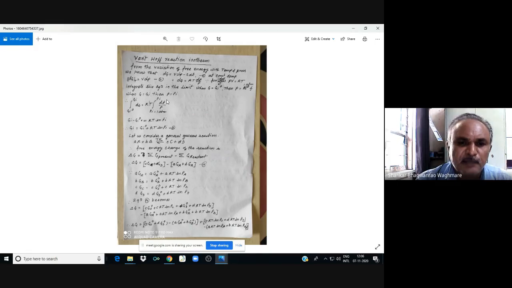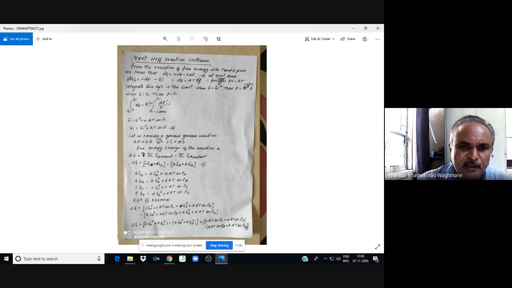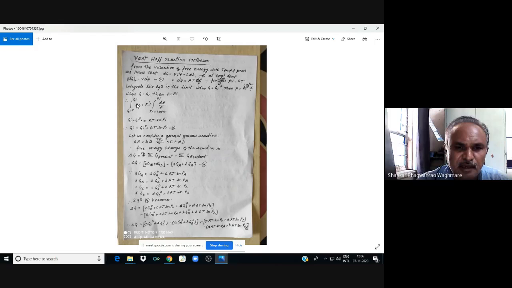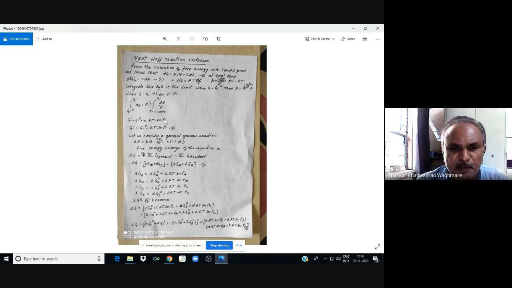The upper limit is any partial pressure Pi, with corresponding free energy Gi. Integrating within these limits, the integral of dG is G from Gi0 to Gi, so upper limit minus lower limit gives Gi minus Gi0. This is equal to RT times the integral of dP upon P, which is ln P from 1 atmosphere to Pi, so it equals RT ln Pi.